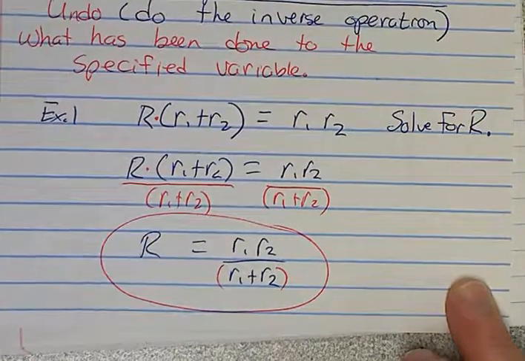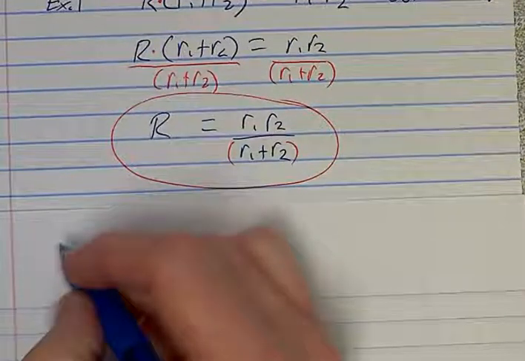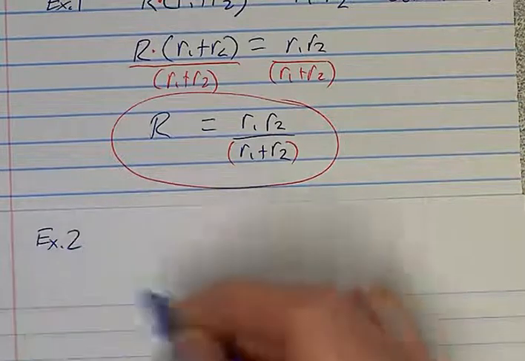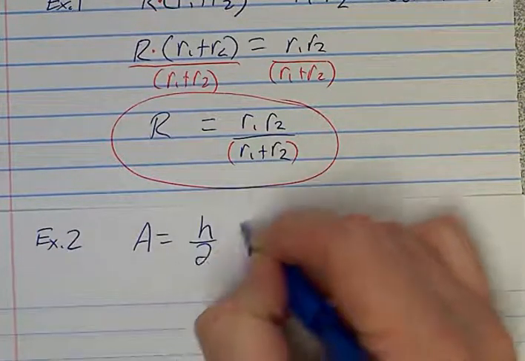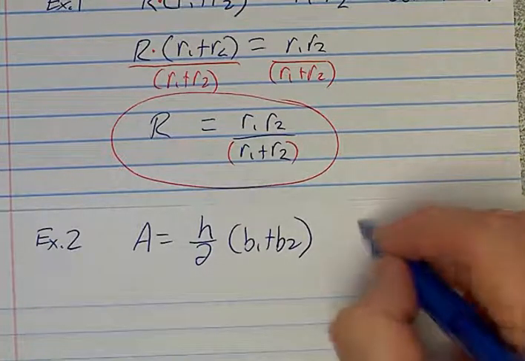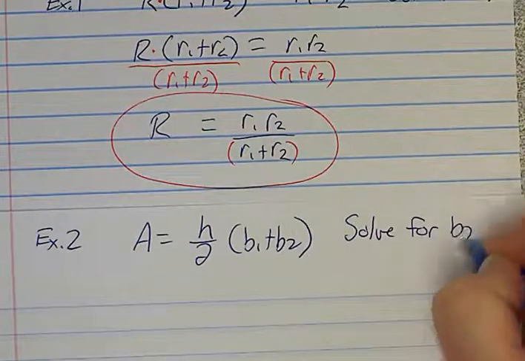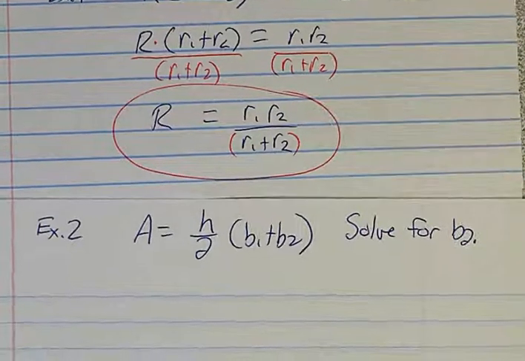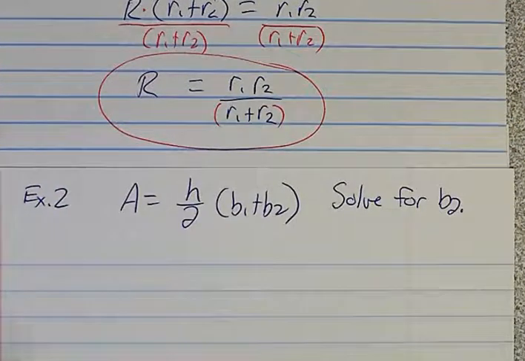All right, let's give you another one where it gets a little bit longer. Still not too long. So for this one, we've got A equals H over 2 times B1 plus B2.